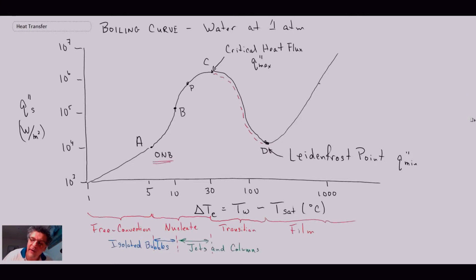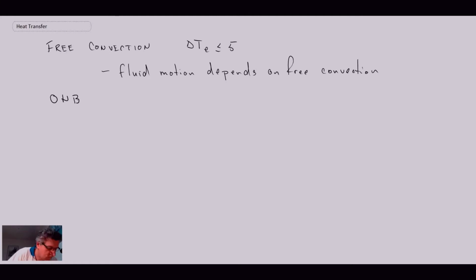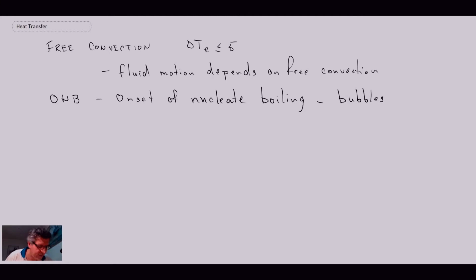That's what ONB stands for. And essentially what that means is bubbles start to form. And sometimes they make it to the top, sometimes they don't, but they start to enhance the amount of convective heat transfer on the surface, because remember I said bubbles, as they move up, they entrain liquid from around them. And so we can move through isolated bubbles.